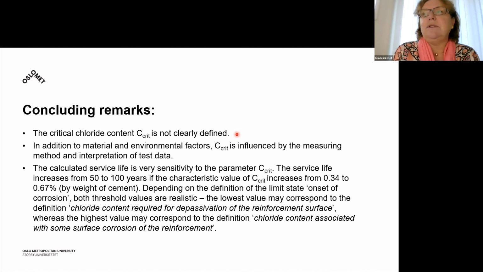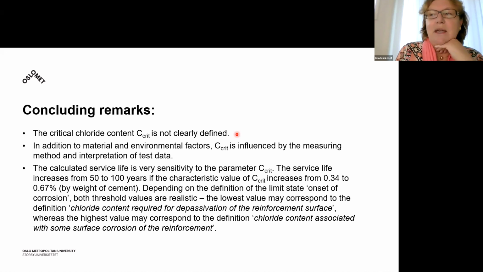And as I showed, the service life increases from 50 to 100 years if the characteristic value of Ccrit increases from 0.34, or say 0.4, to 0.67. And depending on this definition of the limit state onset of corrosion, both threshold values are realistic.